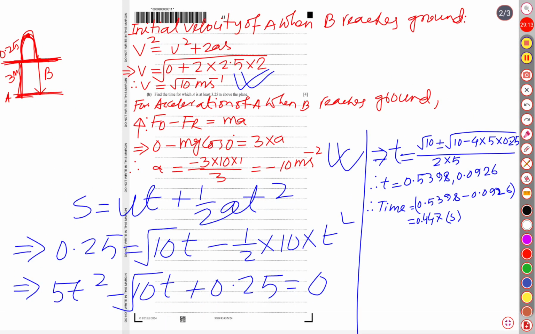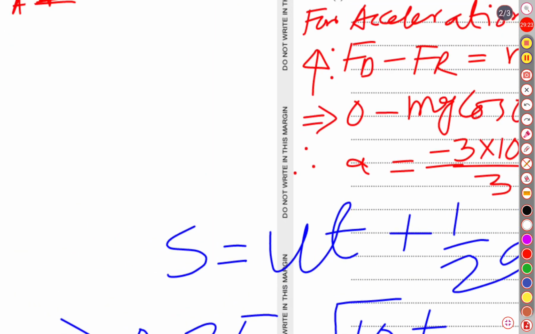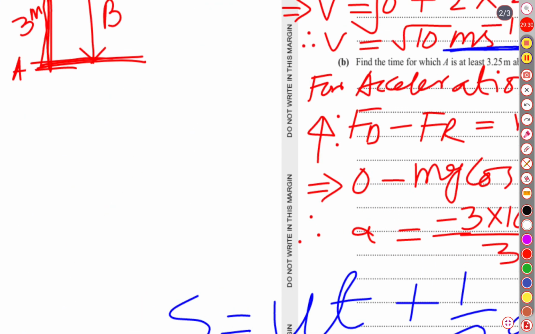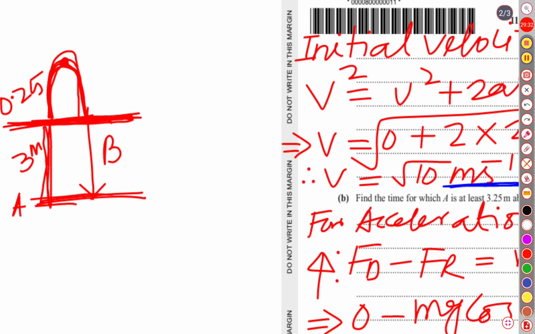Actually, there is a twist in the question. They have told us to find the time when the particle was at least 3.25 meters above. That means it is not the exact height, it is from 3.25 meters from the ground.